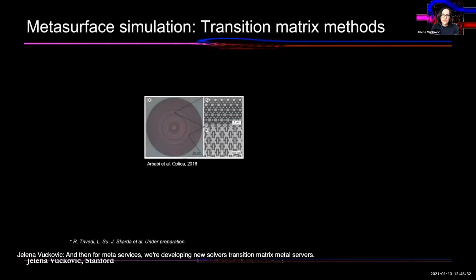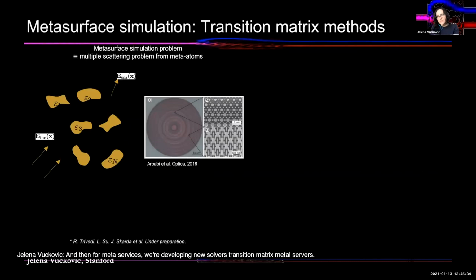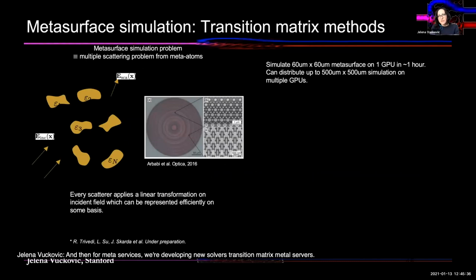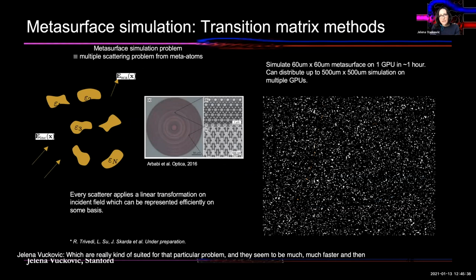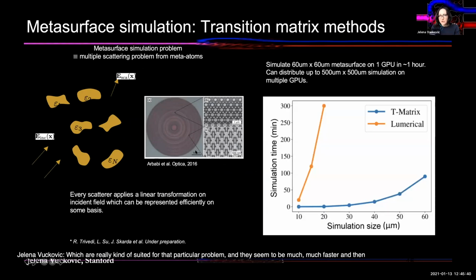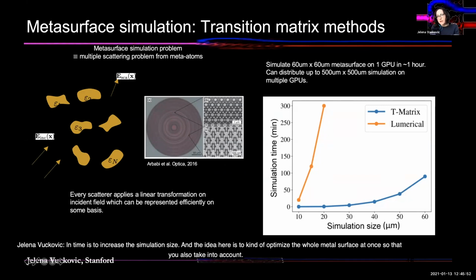For metasurfaces, we're developing new solvers, transition matrix method solvers, which are really suited for that particular problem. They seem to be much, much faster than finite difference time domain solvers, which are the only thing that in principle works for metasurfaces, but blows up in time as you increase the simulation size.